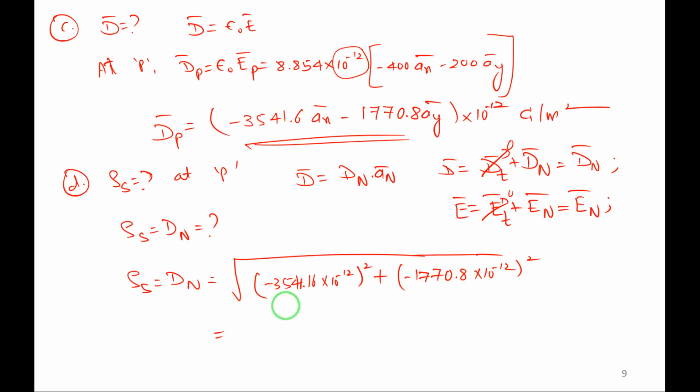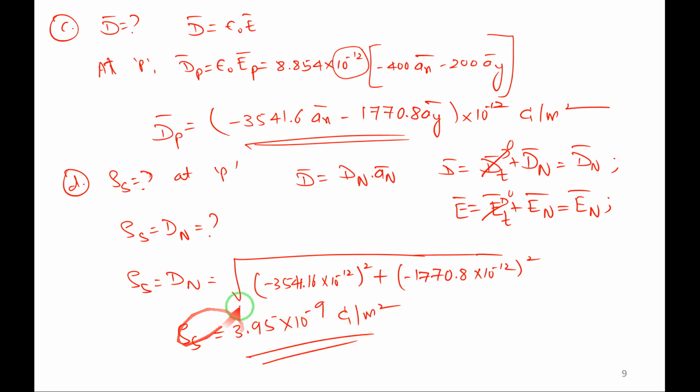So under root of open bracket minus 3541.6 exponential minus 12, its square, plus open bracket minus 1770.8 exponential minus 12, its square, close bracket. So its root I am getting it as rho s is equal to 3.95 into 10 power minus 9 coulomb per meter square.